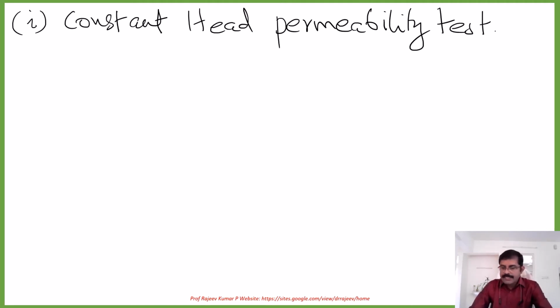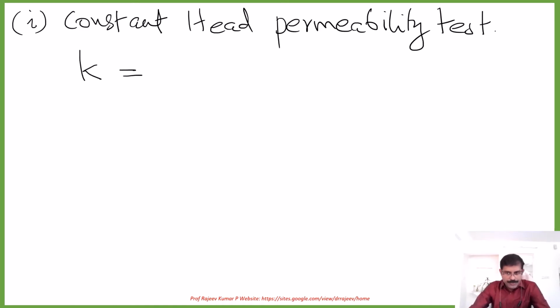It is given in the question, the diameter of the permeability mold, the permeameter, so you can calculate the area. For constant head permeability test, the coefficient of permeability can be calculated using this expression.